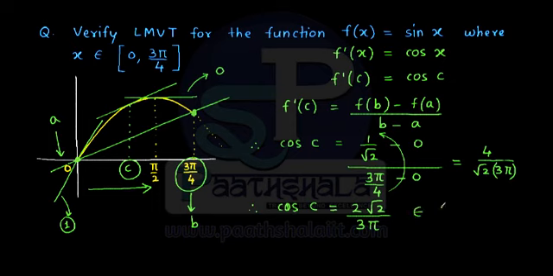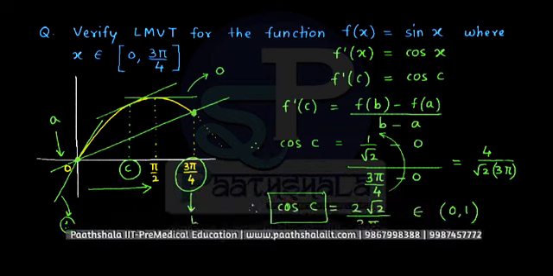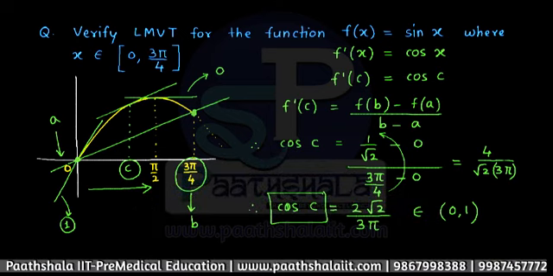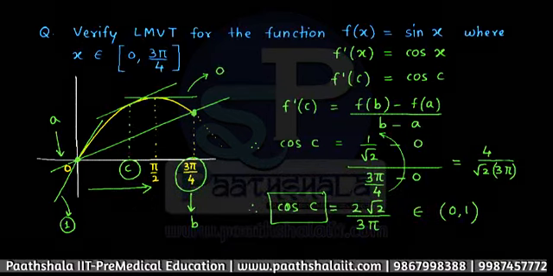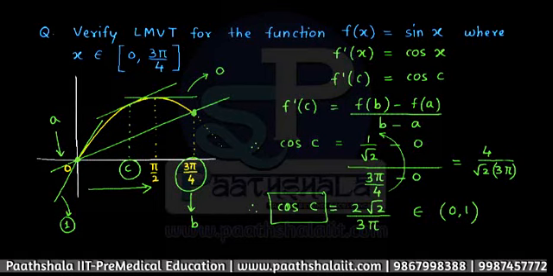this number definitely lies in the interval 0 to 1, and this cos c represents the slope of the tangent. Now we have seen that at one extremity, that is 0, the slope of the tangent is 1, and as we go up drawing tangents to 90 degrees the slope becomes 0.